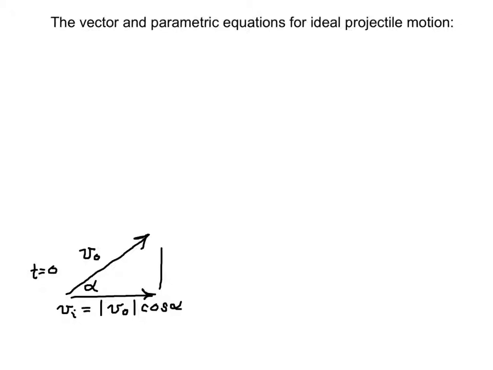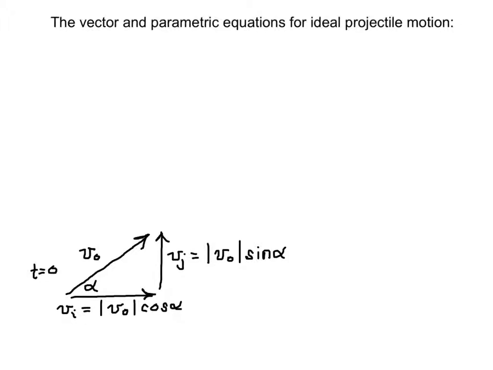And the vertical upward velocity, v in the j direction, is the absolute value of the initial velocity times the sine of the angle formed with the projectile in the horizontal.